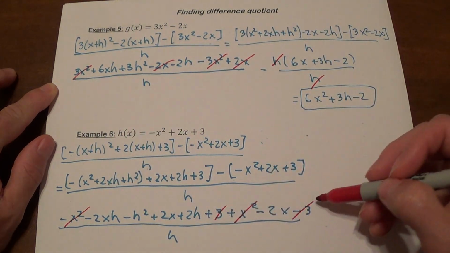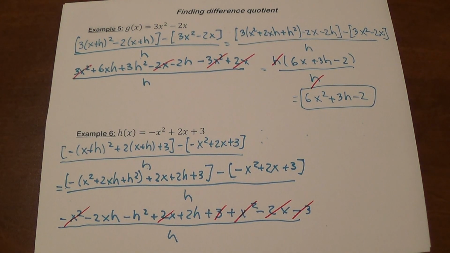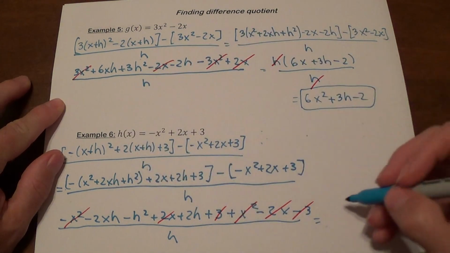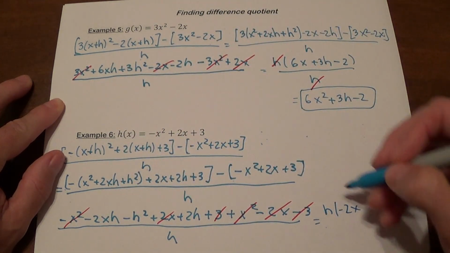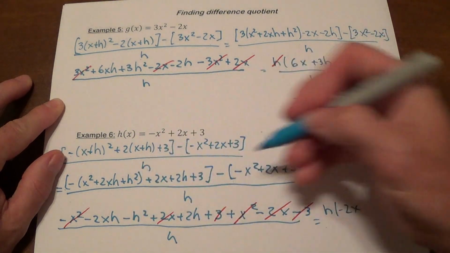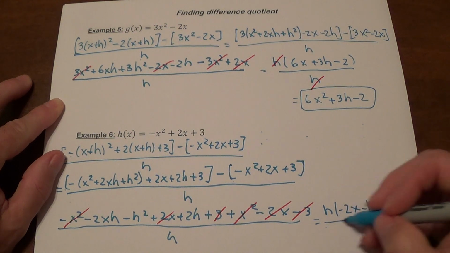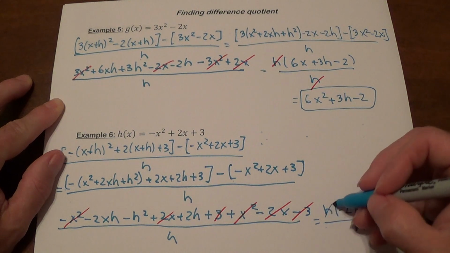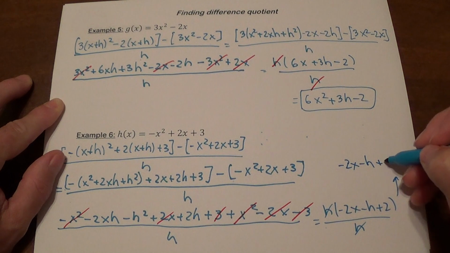We have 3 and negative 3, and we have 2x and negative 2x. I am going to save space, I'm going to factor out h right now. So it's going to be h, and that's going to leave us with negative 2x minus h, and then plus 2. And I'm going to move over here. The h is cancelled, and your answer is going to be negative 2x minus h plus 2.